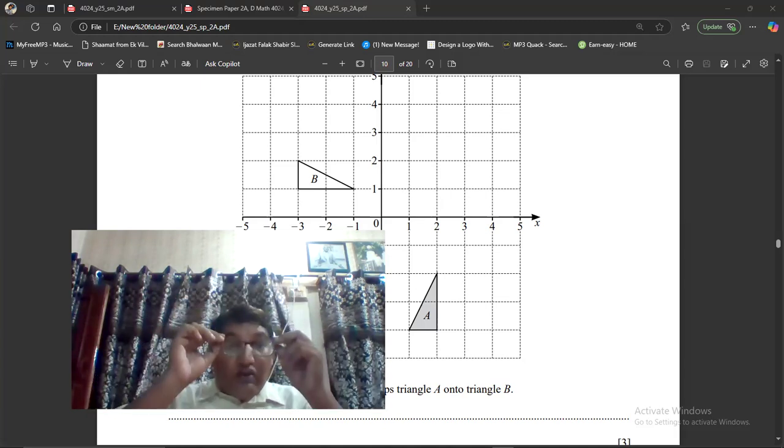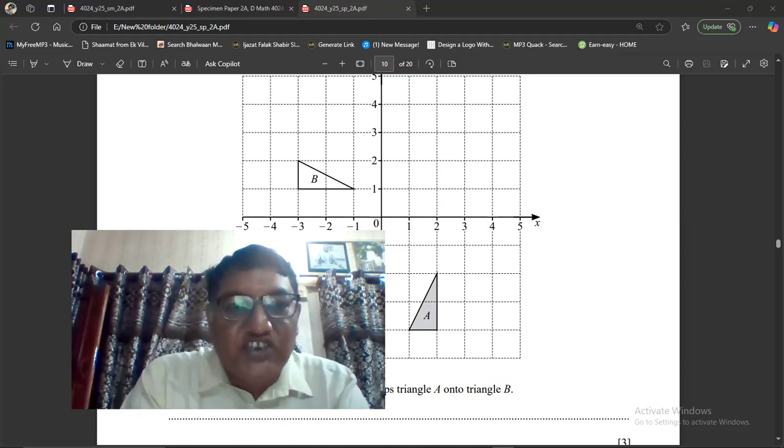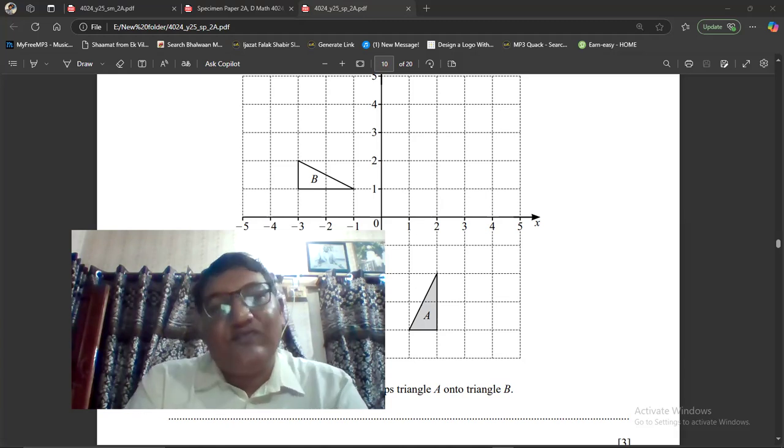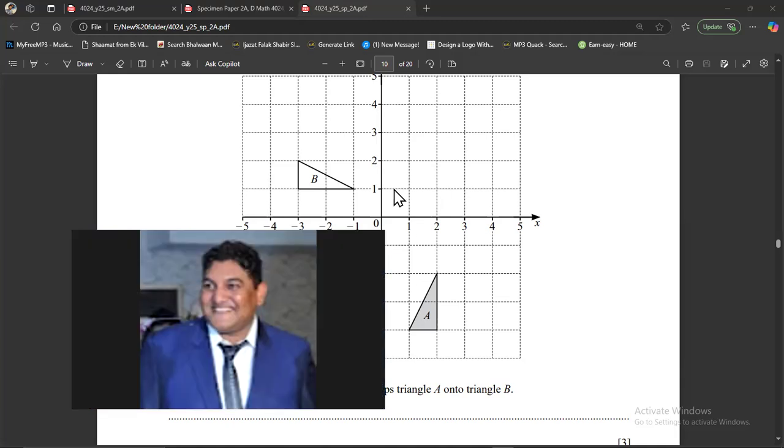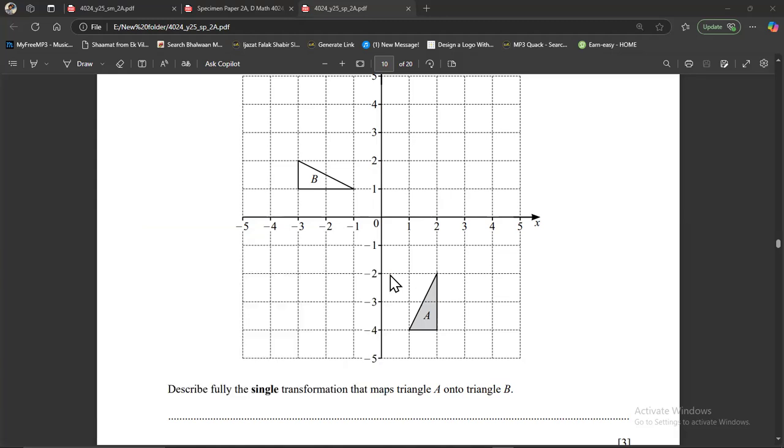Okay. Now we need to find out what is the center of the rotation. If you want to find the center of the rotation, we take the same points and we join them, and we draw their perpendicular bisectors.